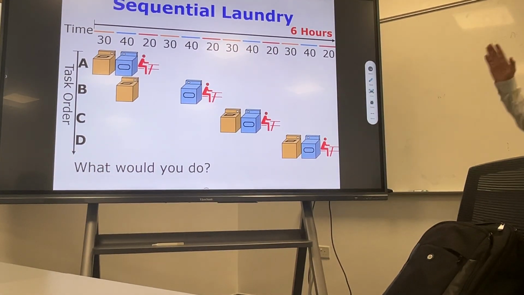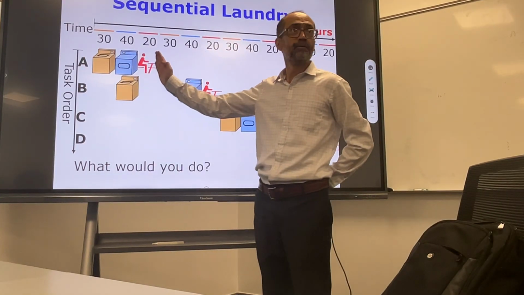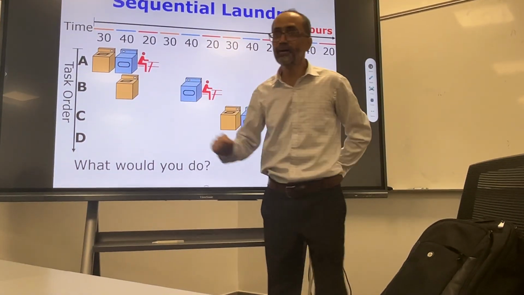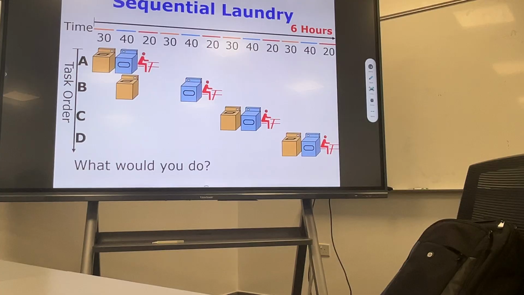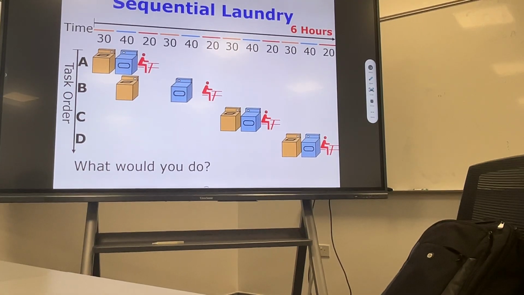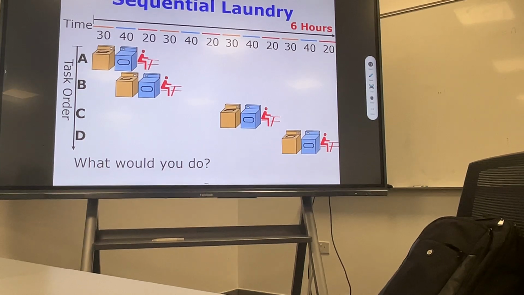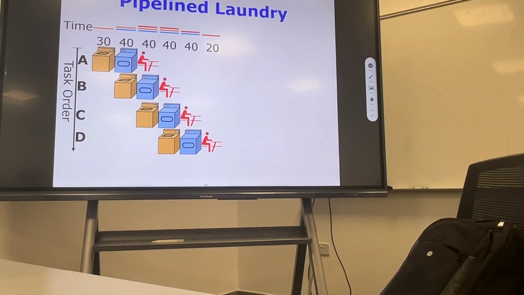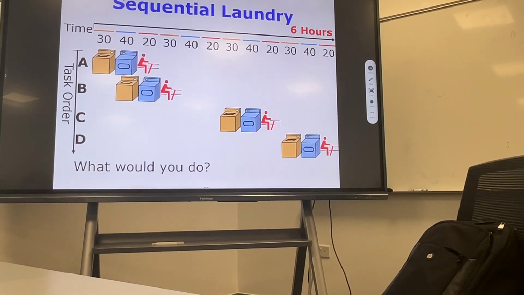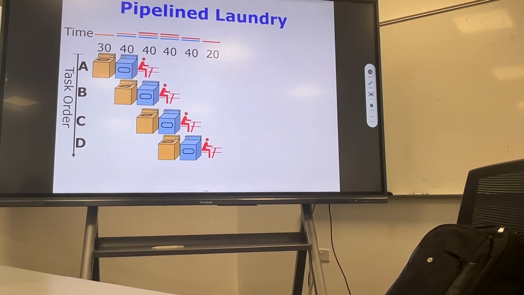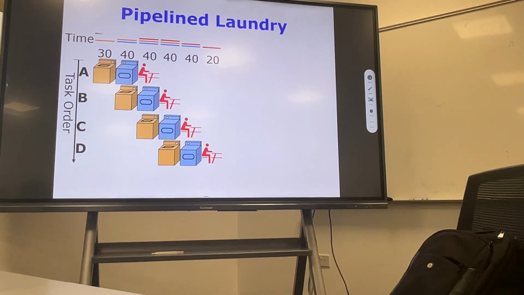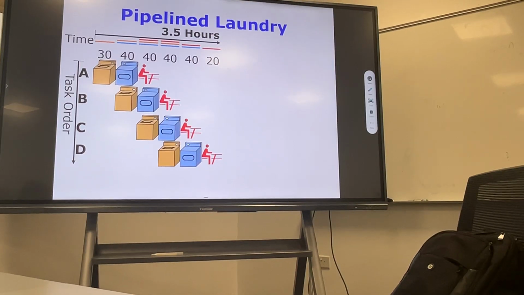Then when A finishes with the drying process, we start the next. Clear or not clear? So this approach, is it a better approach, a good approach or a bad approach? This one, the new approach, is better. It means now we have saved a lot of time.